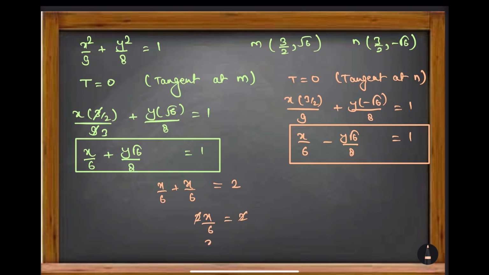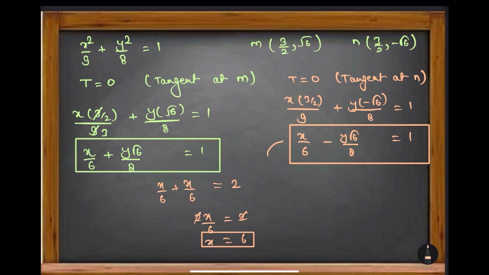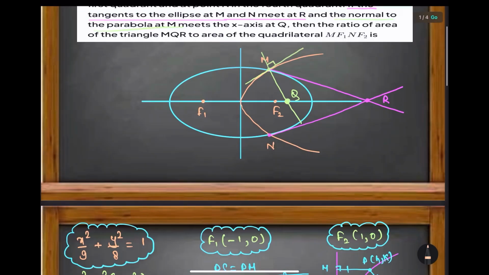So x equals to 6. Correct? Okay. So at the intersection point, the x coordinate will be 6. Now we are interested in the y coordinate. If you put x as 6 over here, 6 by 6 is 1. So 1 and 1, this one will go and the y coordinate will become 0. So the R coordinate will become what?